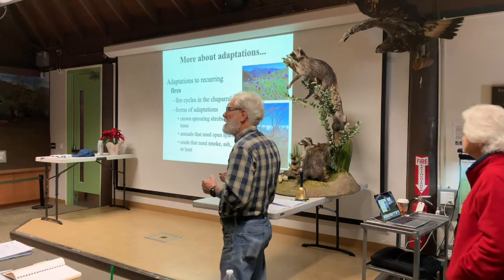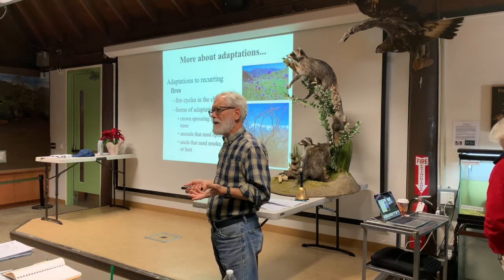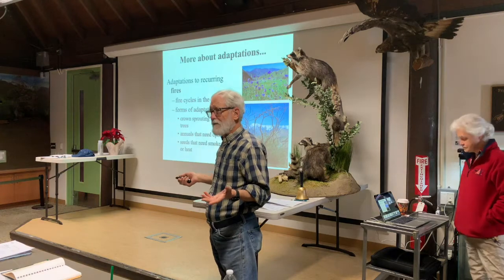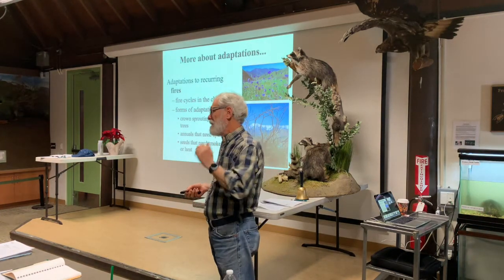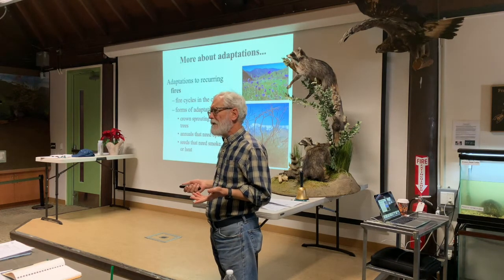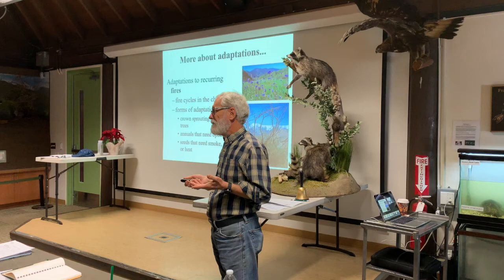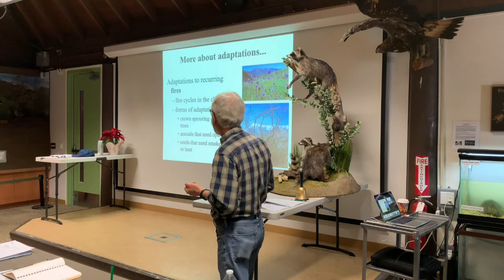And then the other thing that's really big in adaptations here in Southern California is, we know we have lots of fires. You have more fires than any place I know. But since there are relatively frequent fires, plants have found ways to survive that.